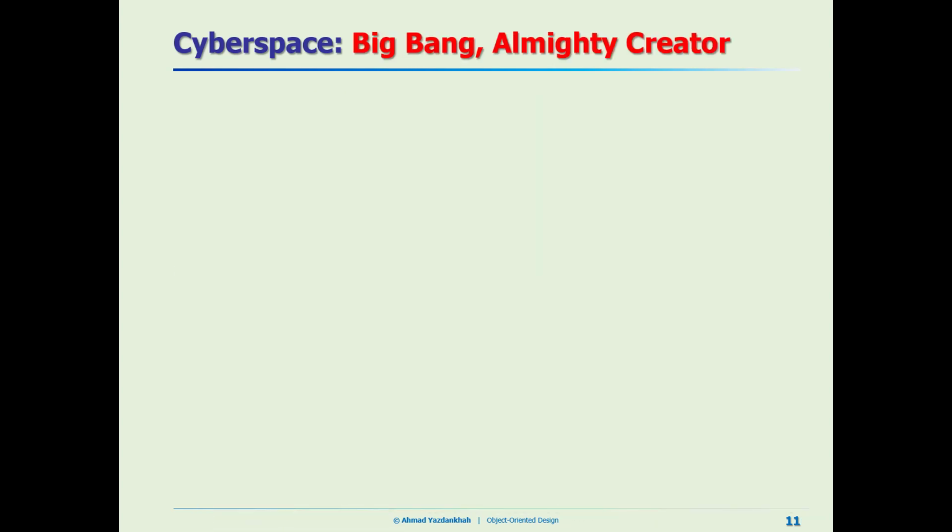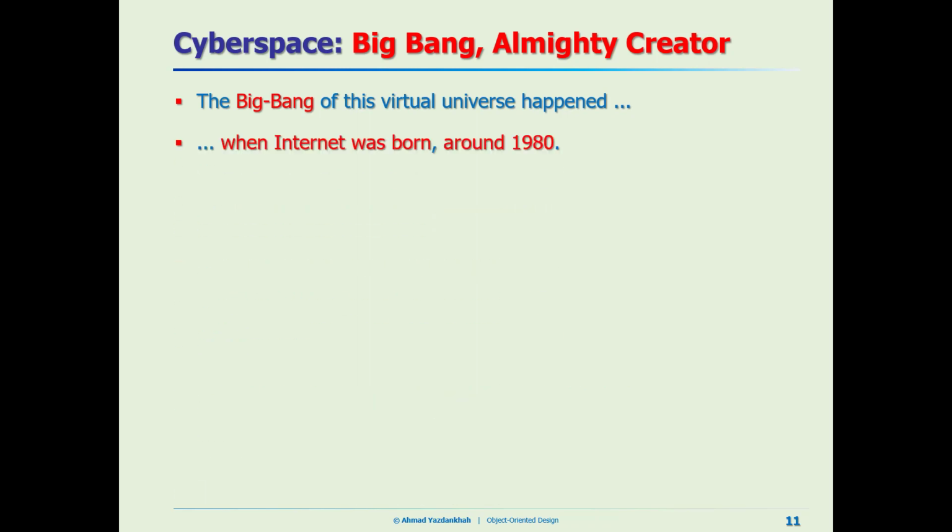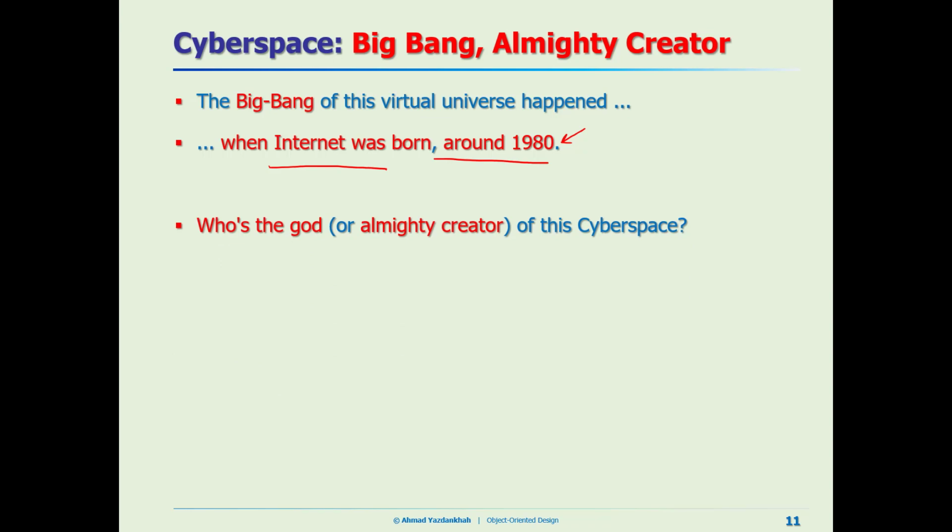Now we have two questions to answer. When is the Big Bang, and who is the almighty creator of this virtual reality or virtual universe? All right. So the Big Bang happens when the internet was born, around the 1980s. And who is the almighty creator, or in other words, the God of this cyberspace?